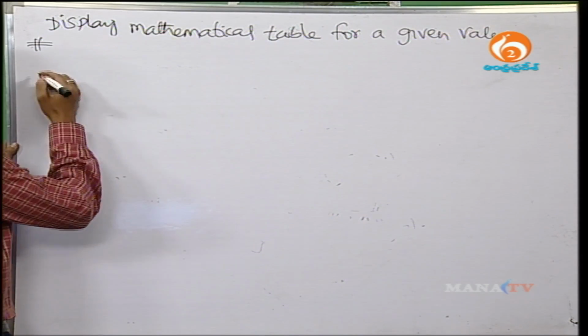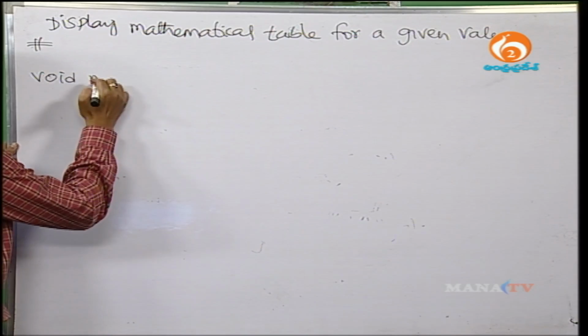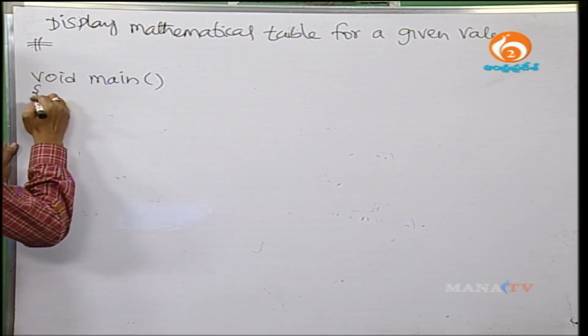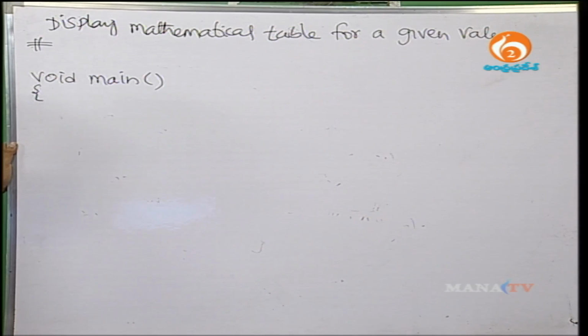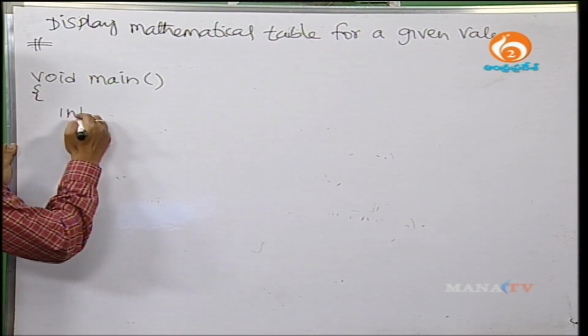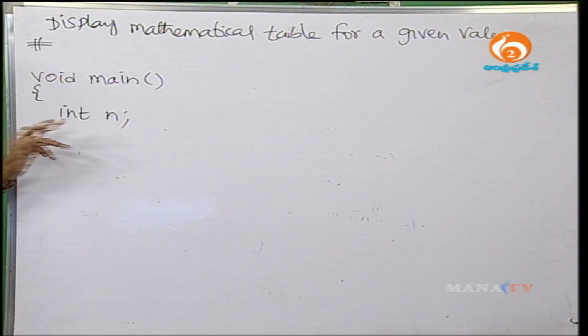So, first I am writing the calling function, void main, beginning of the main function. int n; here n is a variable of type integer. One variable is created.